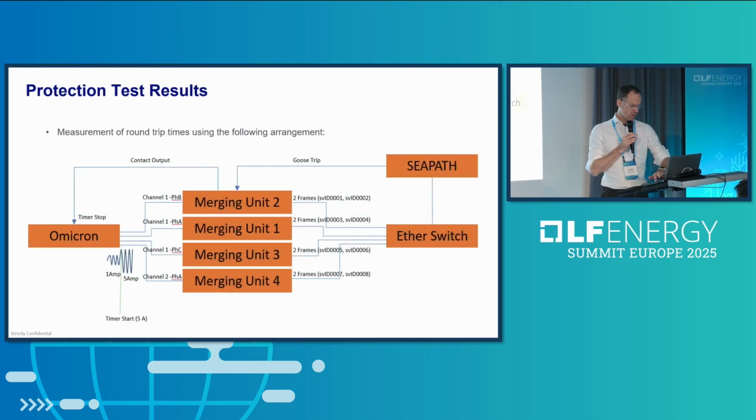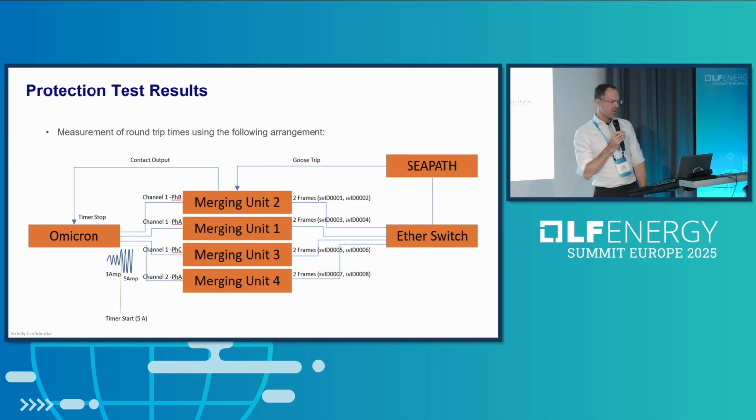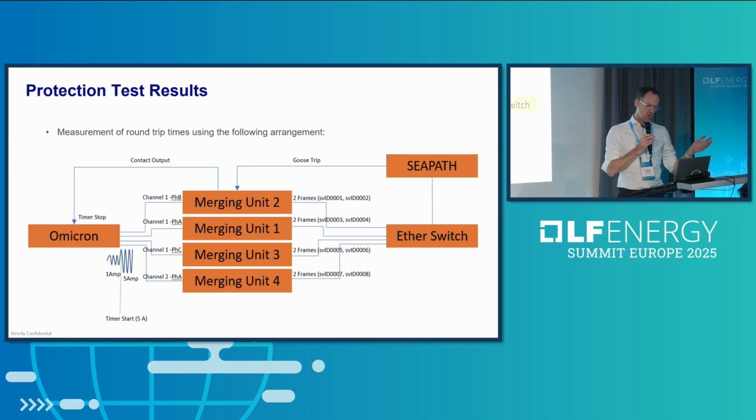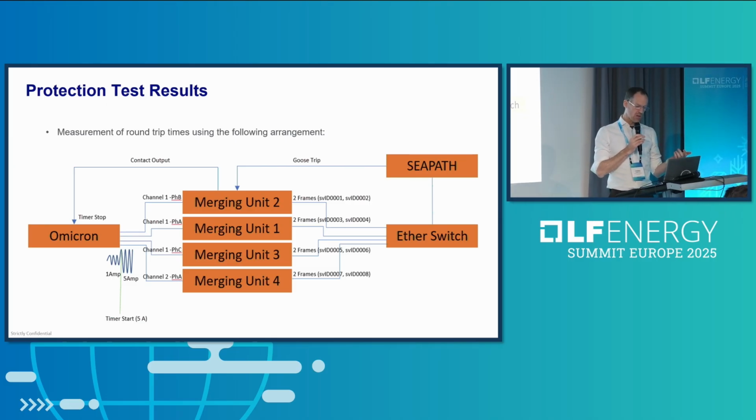Then we ran some trials. For protection, we used an Omicron to generate the analog signals, did some pre-fault at 1 amp, then we injected a fault like 5 amps with the threshold being at 1.5 amps.